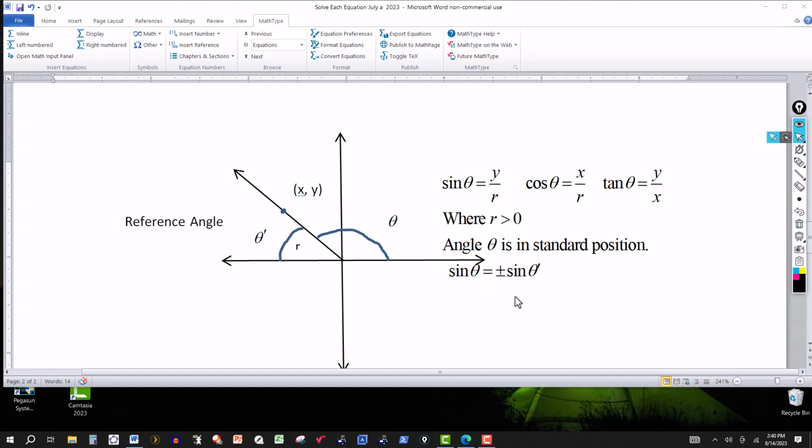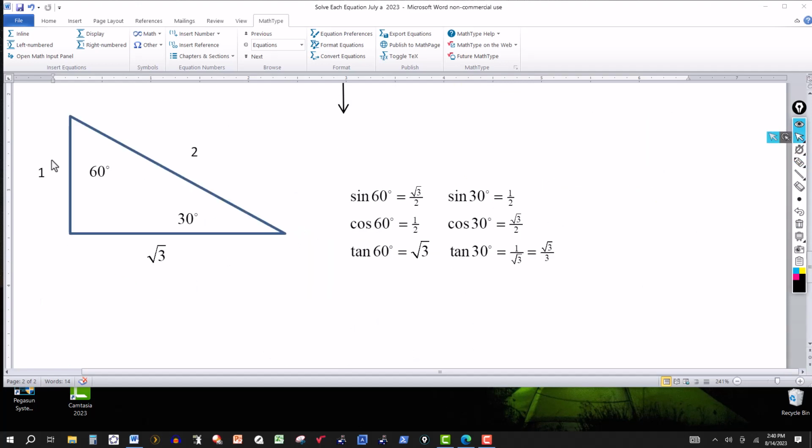And one of the other things we need to know again is know your 30-60 right triangles. This is the right angle here. The sine of 60, from this perspective here, is opposite over hypotenuse. So that's square root of 3 over 2. The cosine of 60, from this orientation, is adjacent over hypotenuse, that's 1/2.